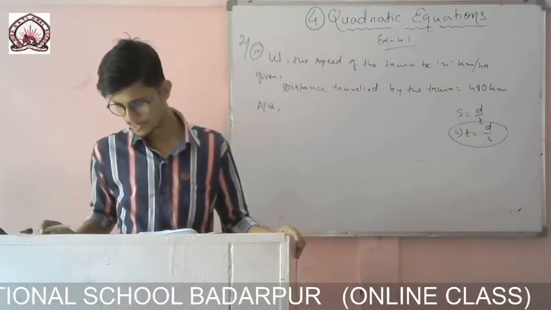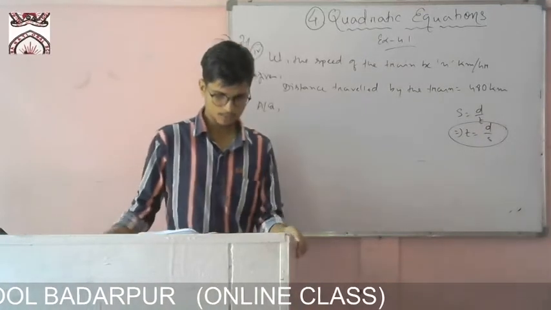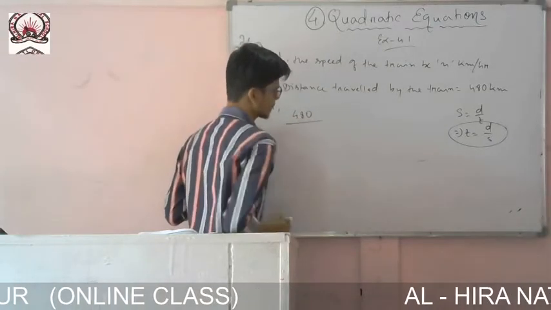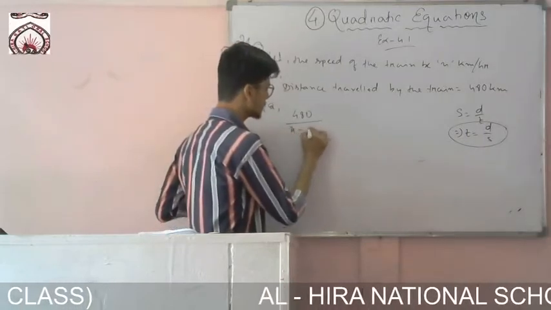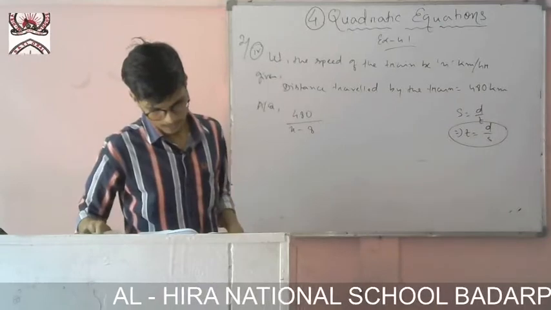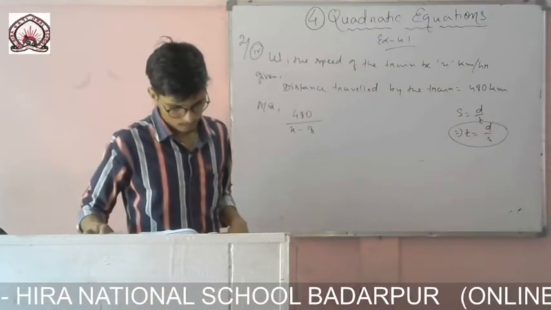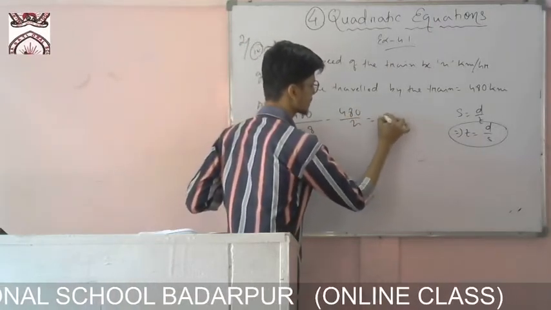So if the speed had been 8 kilometer per hour less, less than the original one, 480 is the distance. If the speed has been 8 less, it will take 3 hours more, and the total is 480 by x, plus 3 hours more.